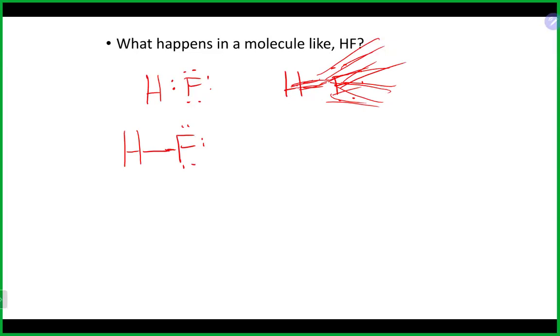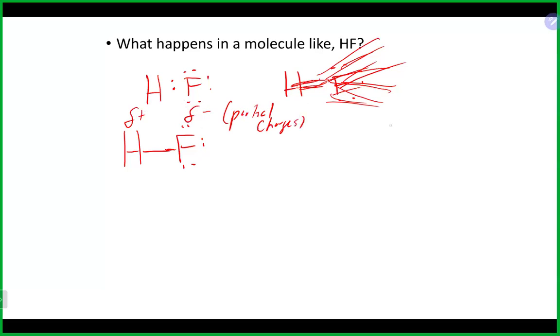It would be more negative because those negatively charged electrons are hanging out over there. That creates a partially negative charge on the fluorine side and a partially positive charge on the other. Those are delta symbols, delta negative, delta positive. Partial charges occur within this bond.